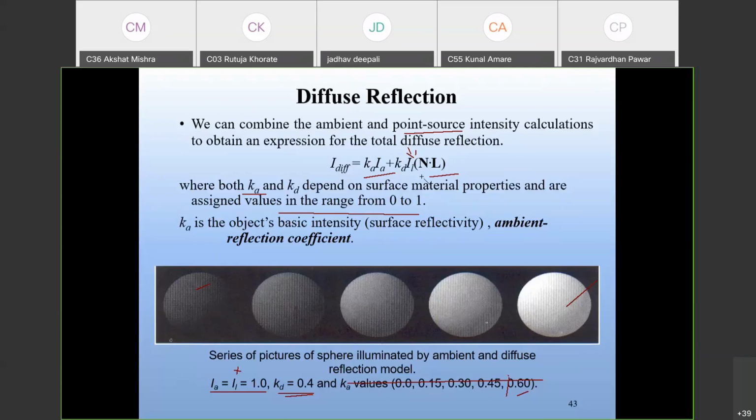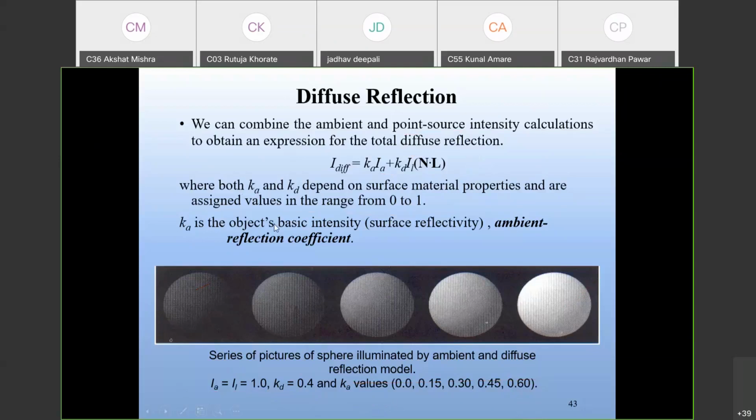And if both of these are together in the scene, ambient light and the point light source, then both are combined and we get this equation. With that equation, you can see the results in different ways. If we consider Ka fixed and Kd changes, you can also see the change in the intensity.